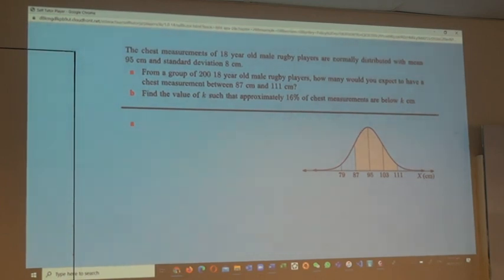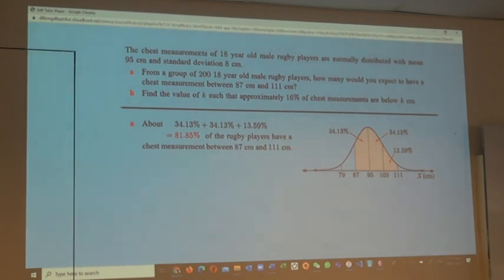We start by finding the percentage of players in this interval. 87 centimeters is 1 standard deviation below the mean. 111 centimeters is 2 standard deviations above the mean. So, the percentage of players with chest measurements between 87 and 111 centimeters is 81.85%.